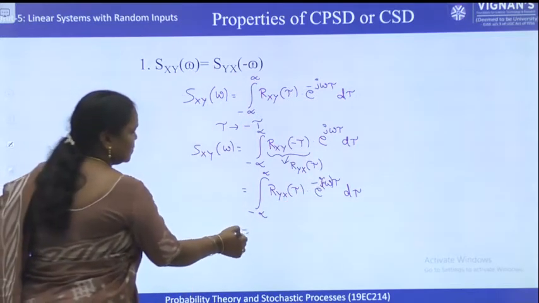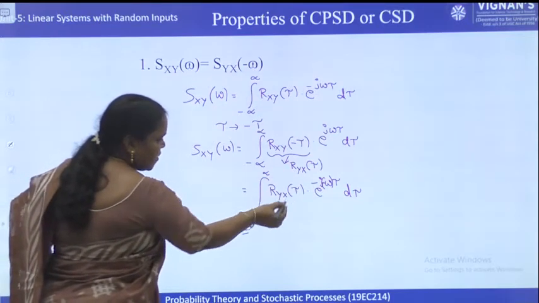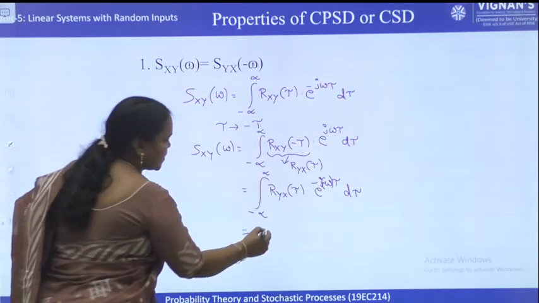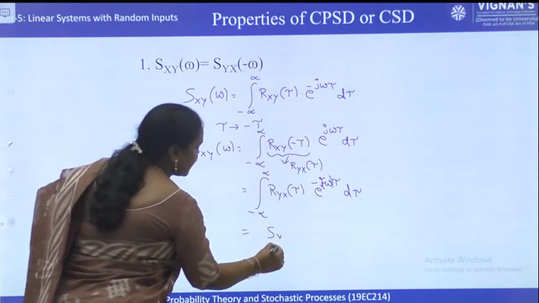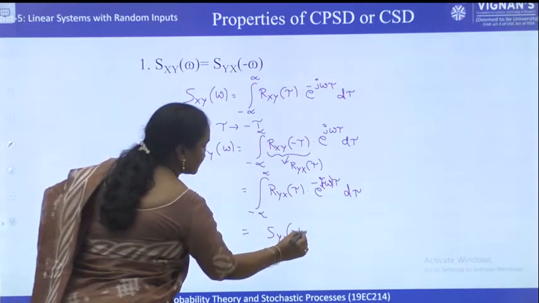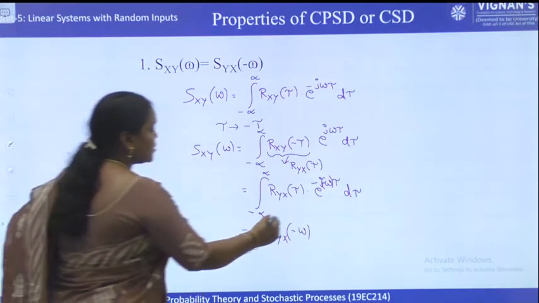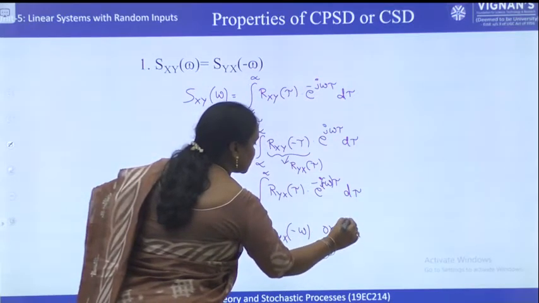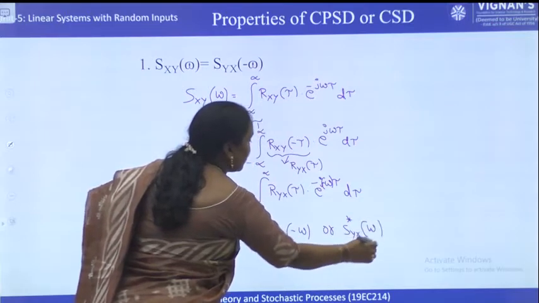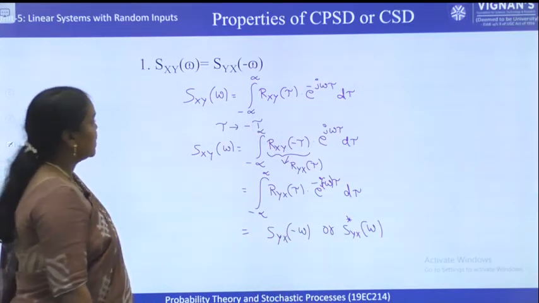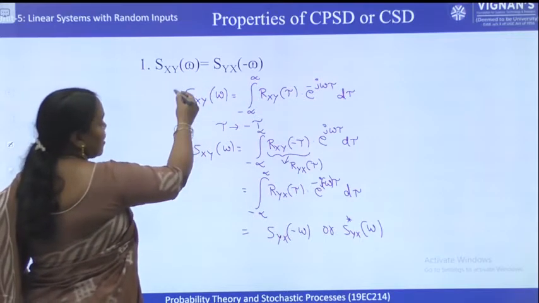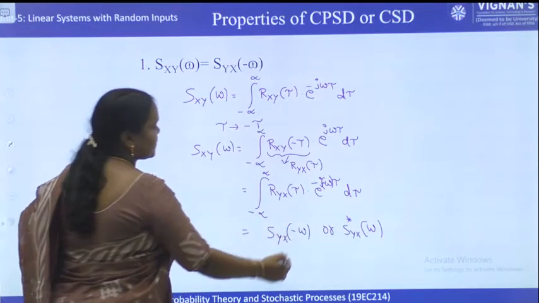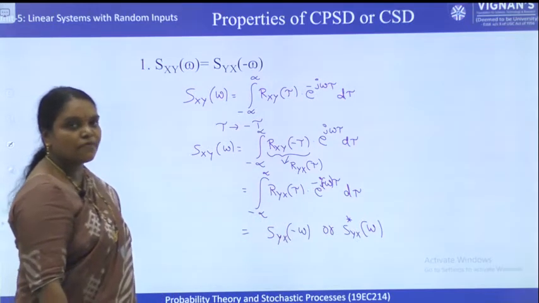So, this is equal to Fourier transform of r yx of tau with omega replaced by minus omega. So, it is equal to Syx of minus omega. And it can also be written as Syx star of omega, that is the complex conjugate of Syx of omega. So, on the left hand side we have Sxy of omega, on the right hand side we got Syx of minus omega or Syx star of omega.